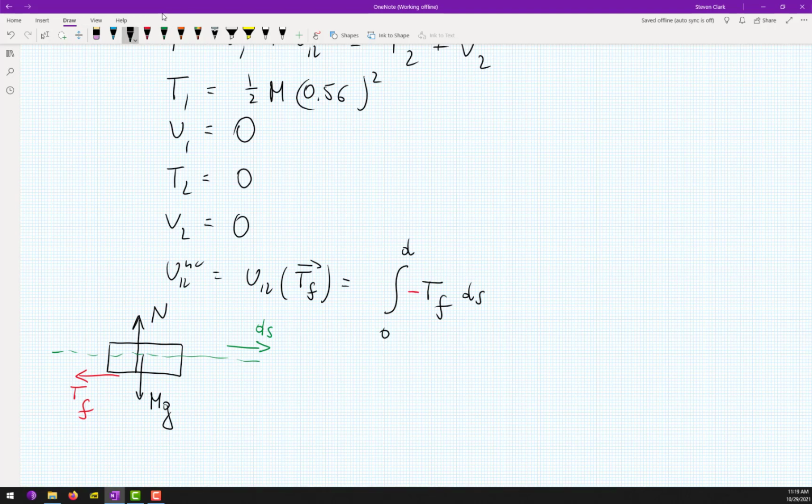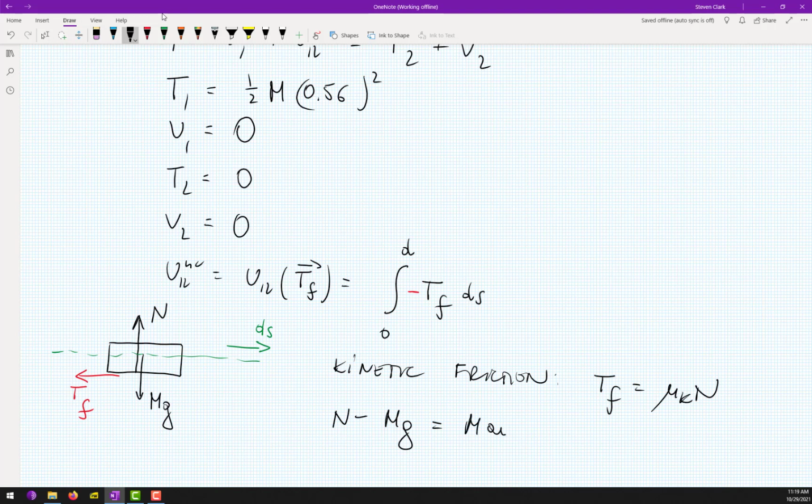We have kinetic friction, so Tf is equal to mu k N, and N minus mg is equal to ma.